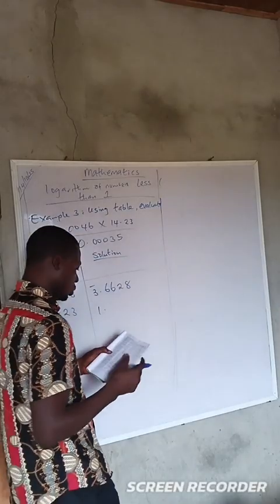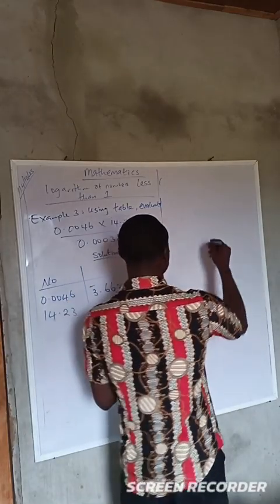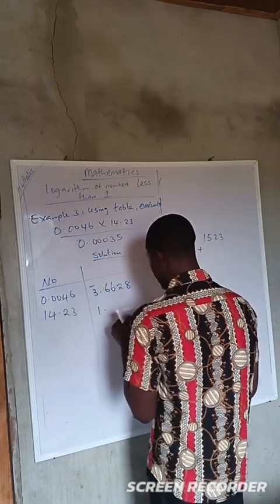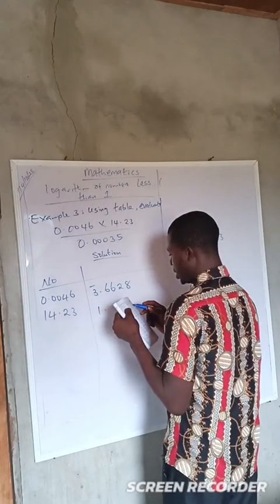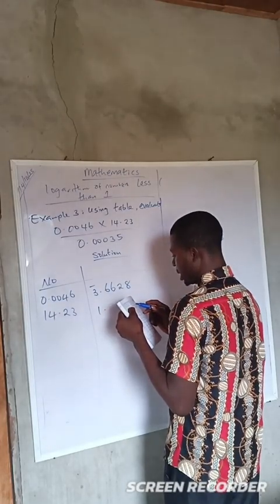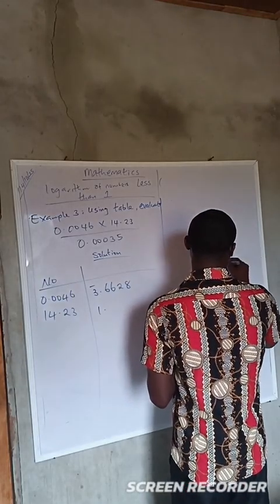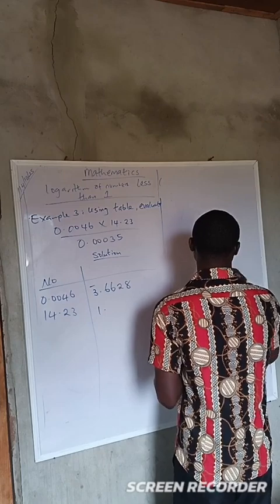From the table, 14 under 2 is 1523, plus difference 3. From the table, difference 3 is 9. You add difference. So you have 1532.